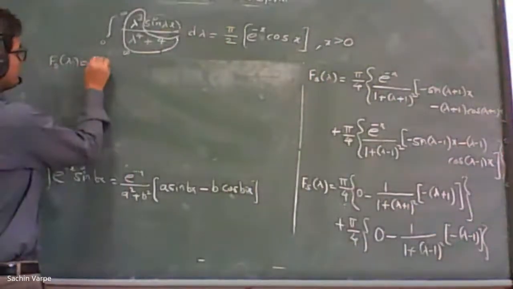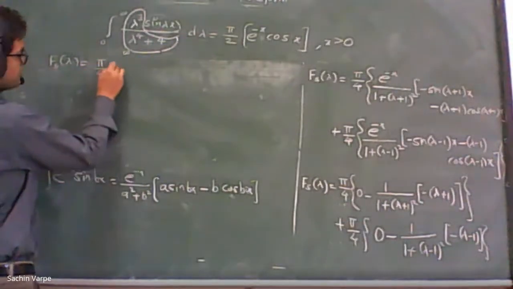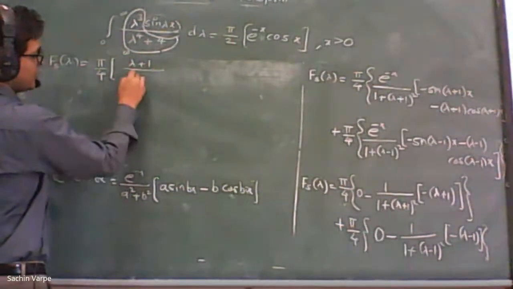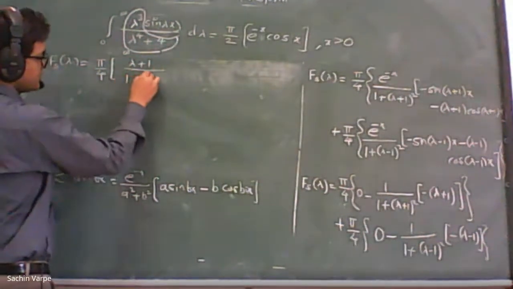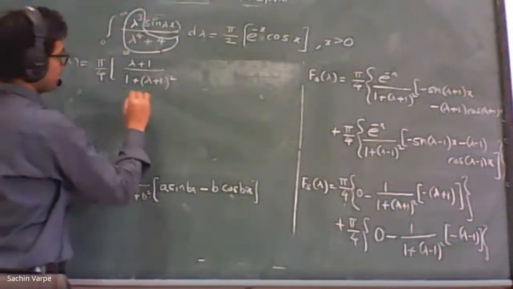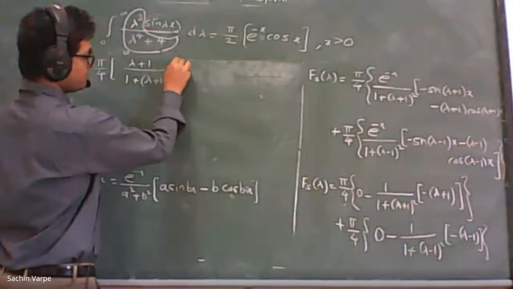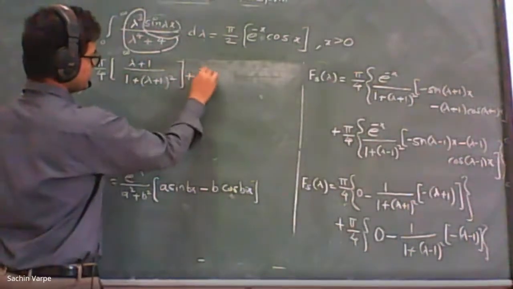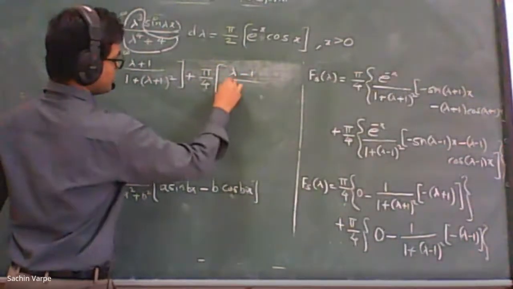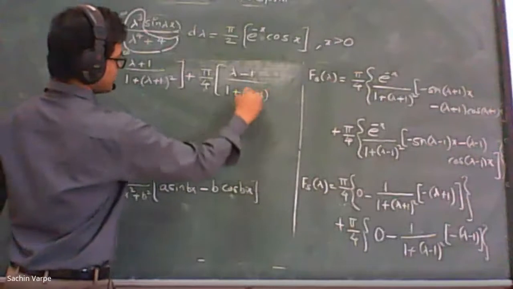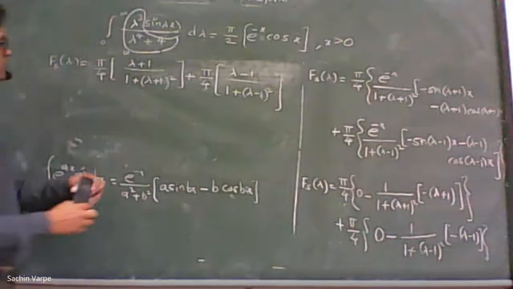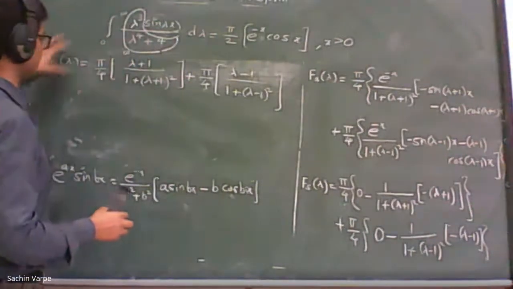So therefore pi by 4 times lambda plus 1 upon 1 plus lambda plus 1 square, plus pi by 4 times lambda minus 1 upon 1 plus lambda minus 1 square. Please check.